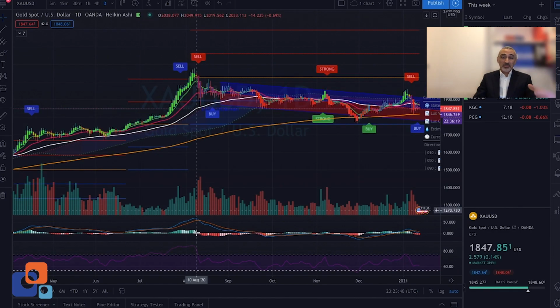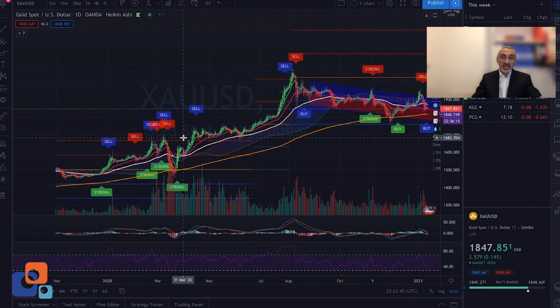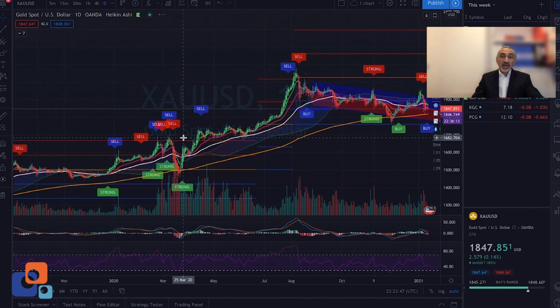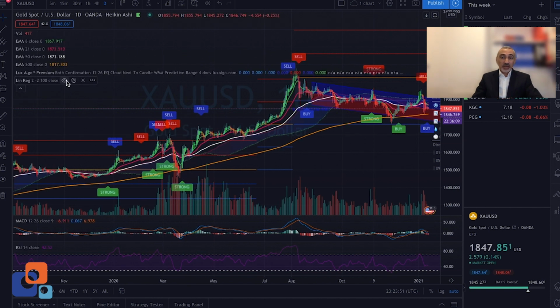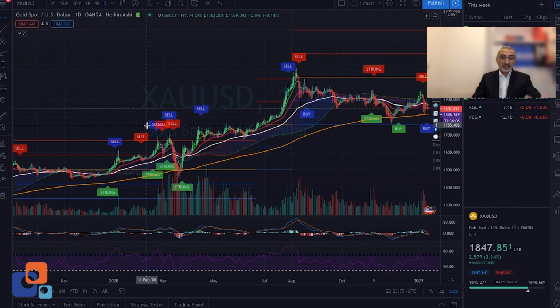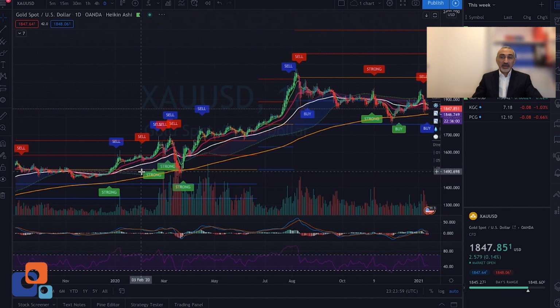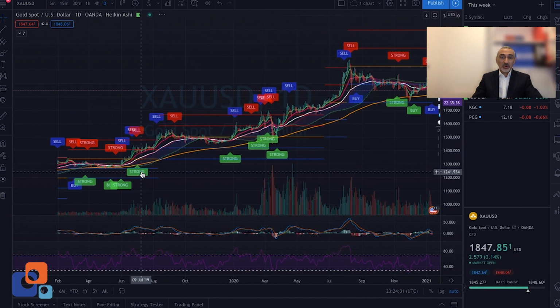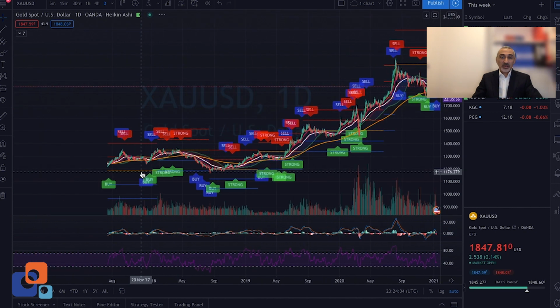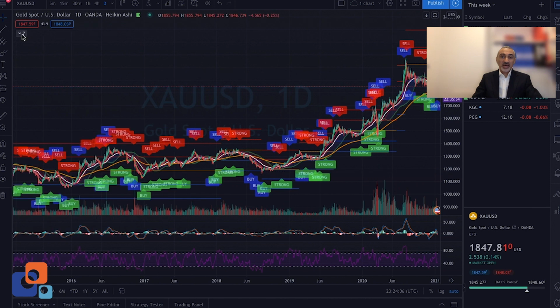I'll go back to my gold example from earlier. I'll change this to the daily time frame, and I'll zoom out to look at how the patterns formed over the past 10 years. Let me also just take out some of the indicators just to keep this as simple as possible.